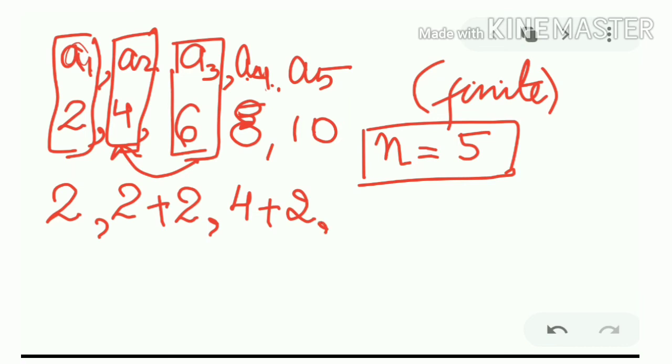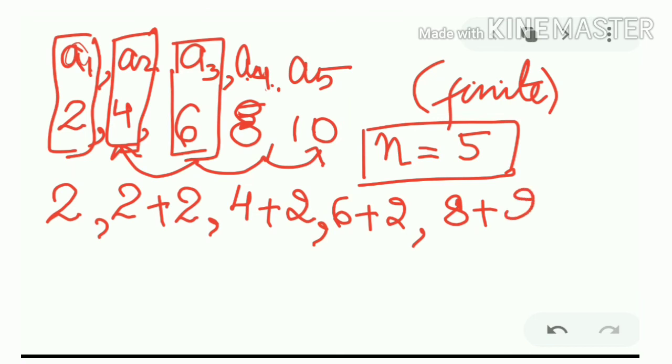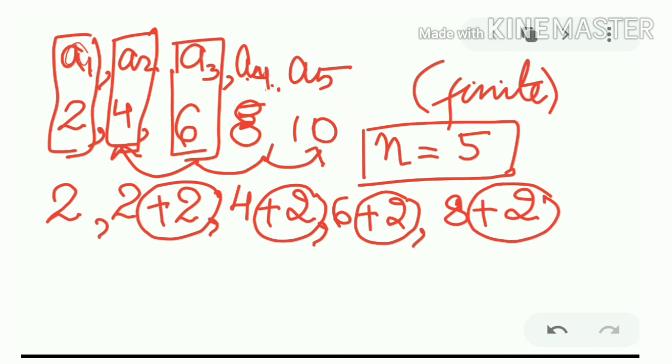A4 is equal to 8, and how have you obtained 8? By adding 2 to the preceding term, that is 6 plus 2. And similarly A5 is equal to 10, and how have you obtained 10? By adding 2 to the previous term. So in other words, you can see this common value which is being added should be the same.